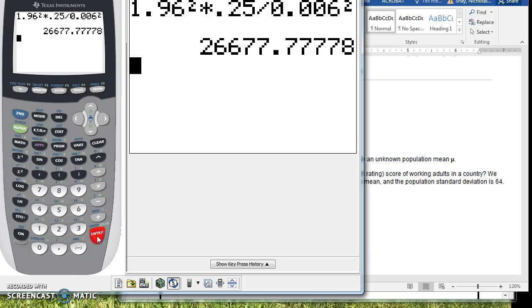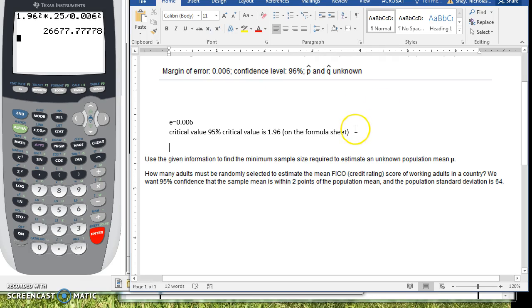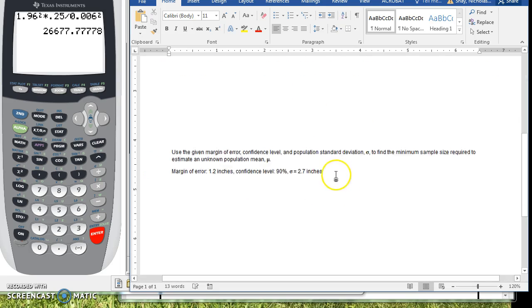Then we round this up, so this would be 26678. You always round up to the nearest whole number. So if it were 95%, we would say n is equal to 26678. Sorry about this being a 96%. I'll definitely make sure that it's always 90, 95, or 99.